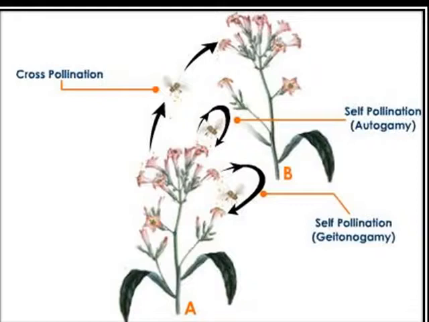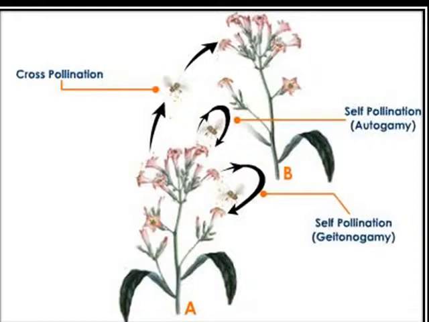Next comes cross pollination, or what we call xenogamy. Now what happens in cross pollination? There will be two plants, and the male gamete of one plant will get transferred to the female gamete of another plant. So this is known as cross pollination. And usually cross pollination needs an agent.